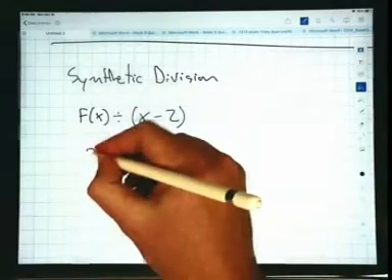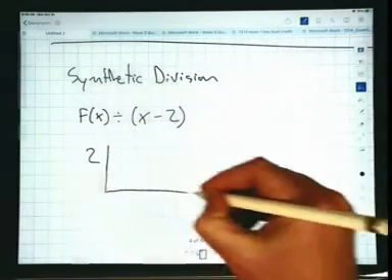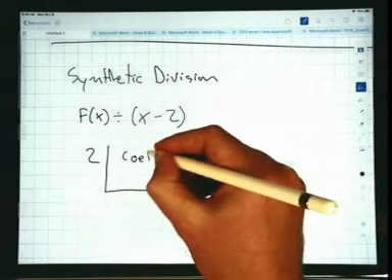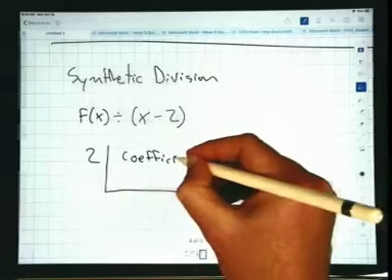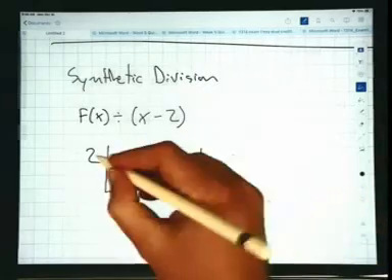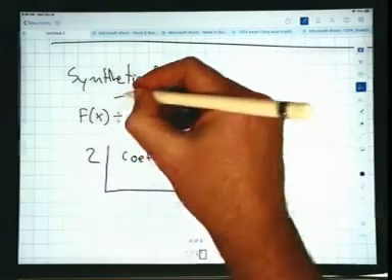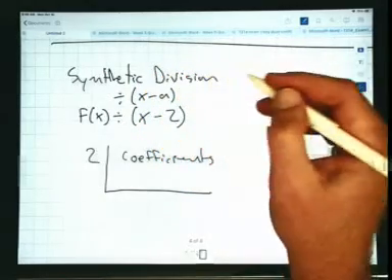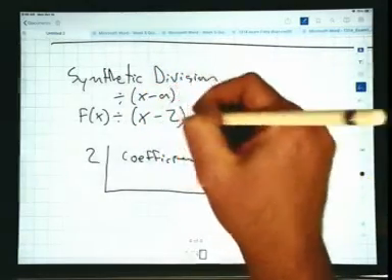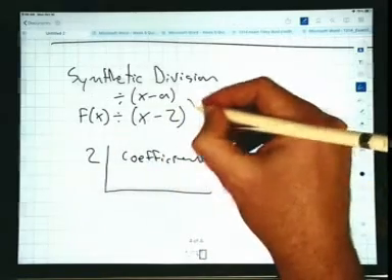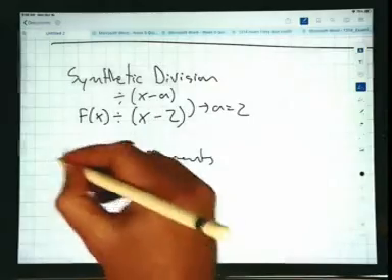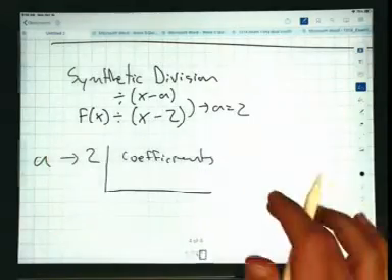Remember that it's the 2 that gets brought out in front, and then here are your coefficients. It's not negative 2, it's 2, because we have to think about dividing by x minus a. So since you have x minus a is equal to 2, this is where we put a.